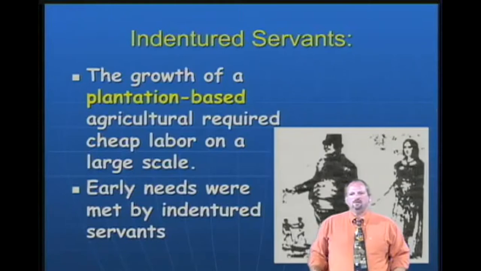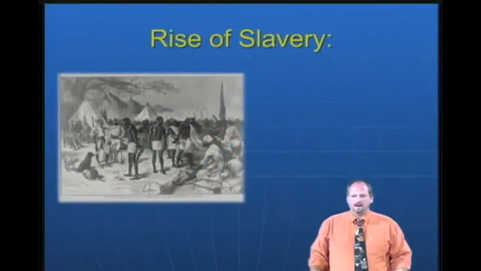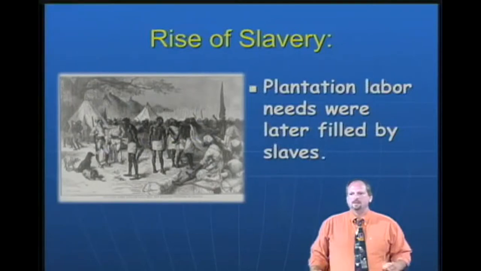So these early needs were met by indentured servants. Again, we get the cheap labor and also populate the colony. However, the plantation labor needs later needed to be filled by slaves.